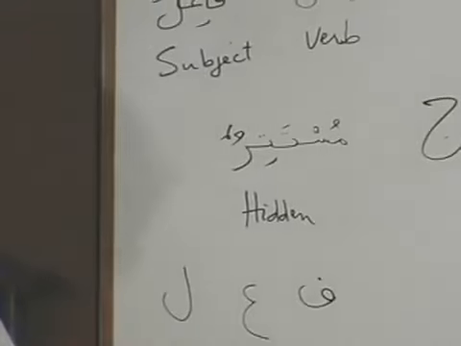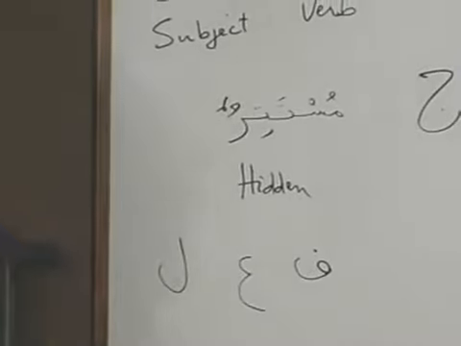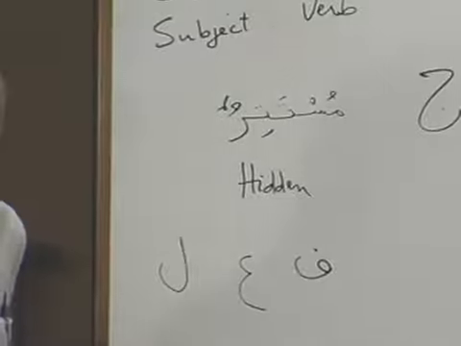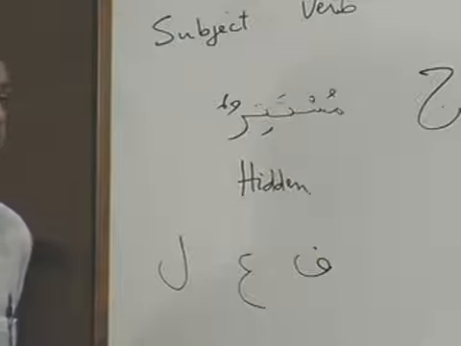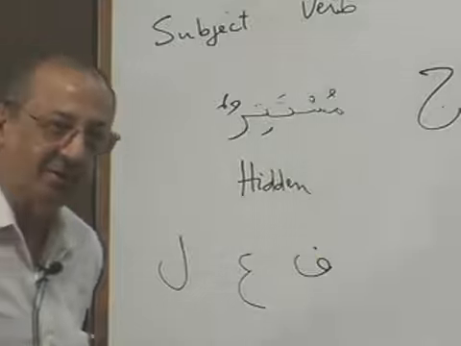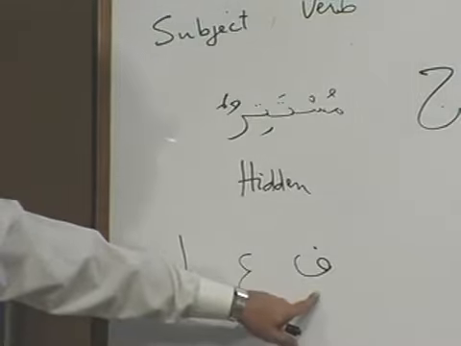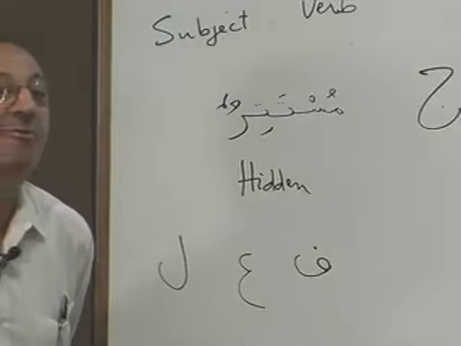So 3 letters. Take any verb. It will be fa kalima, ain kalima, and lam kalima. But because we live in a society which speaks English all the time, and then we have to teach our children these things, we can also refer to it in the English language. What is this called in English? First radical.